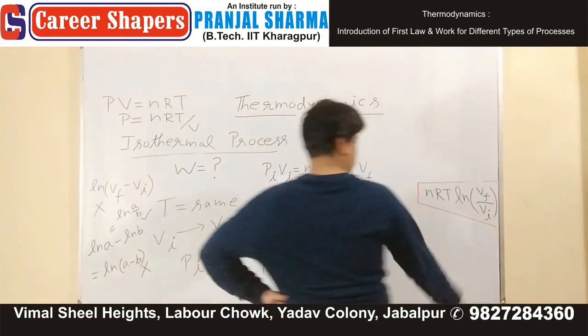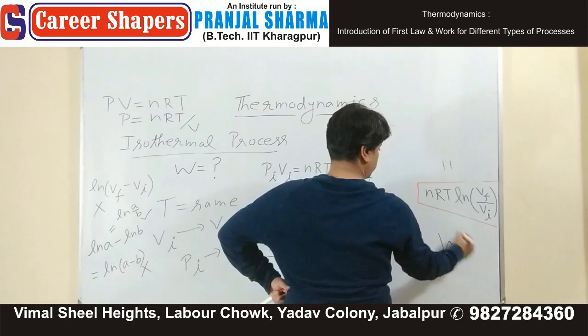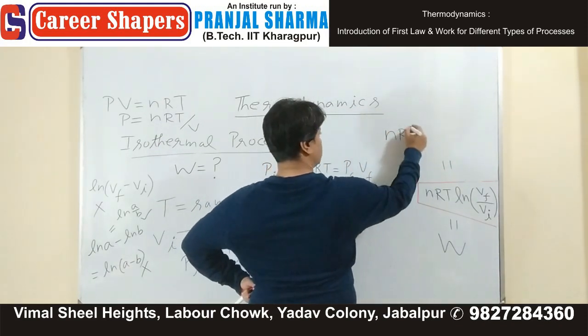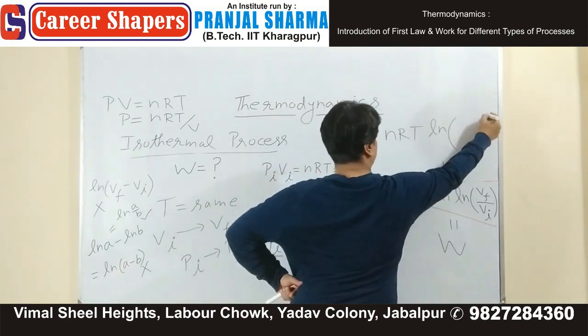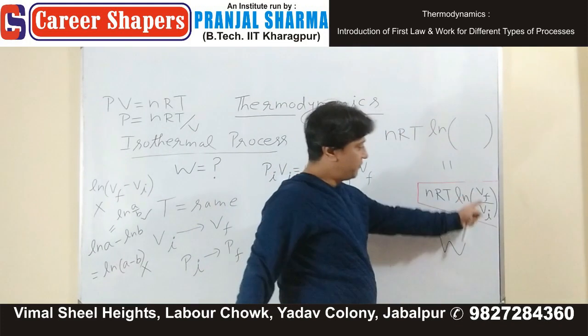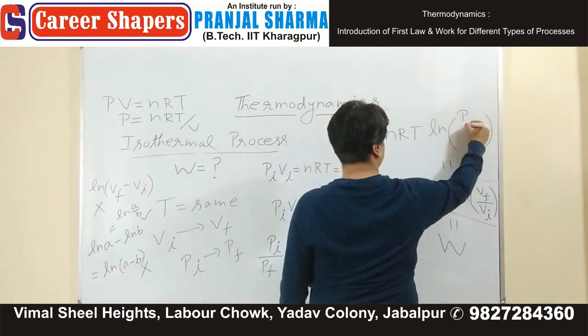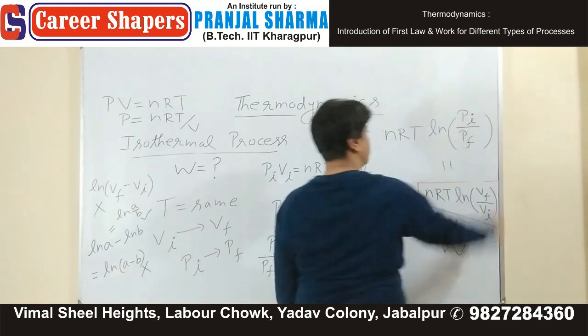And therefore, this thing, which is work done in isothermal process, in terms of pressure, becomes log of, this is V final upon V initial, in terms of pressure, it is P initial upon P final.